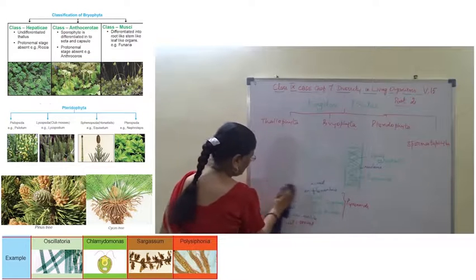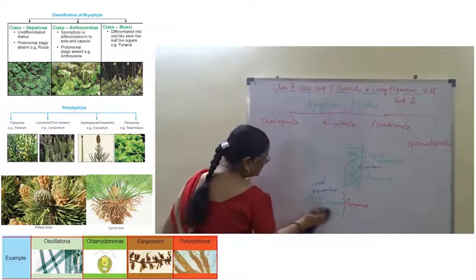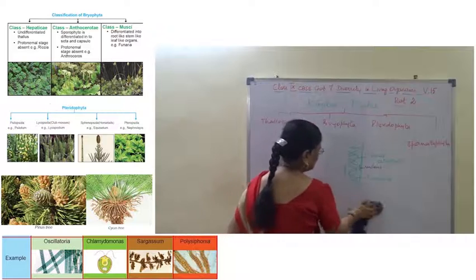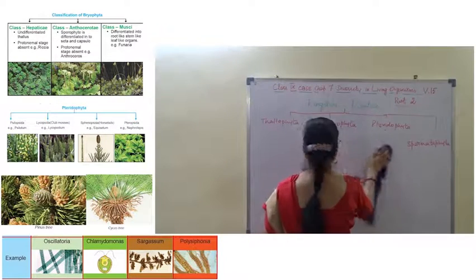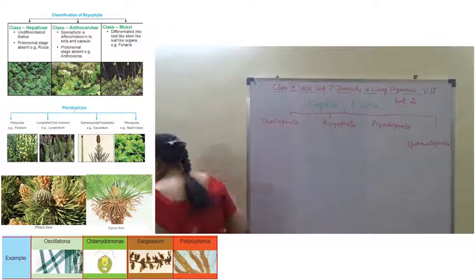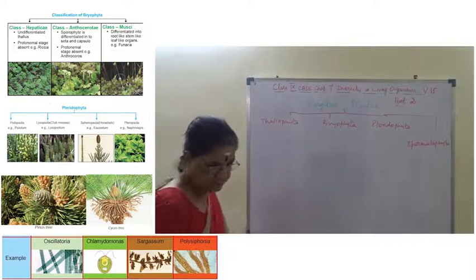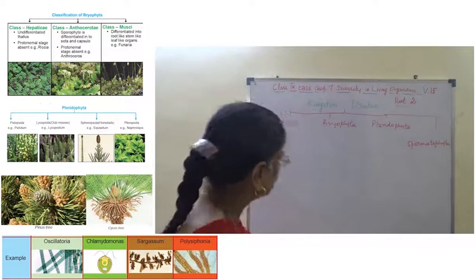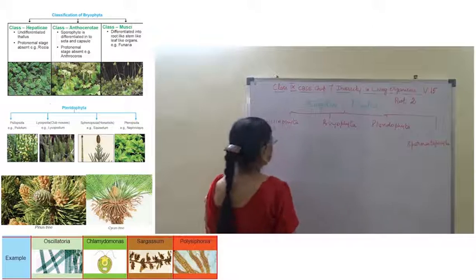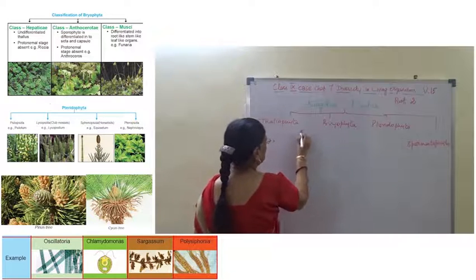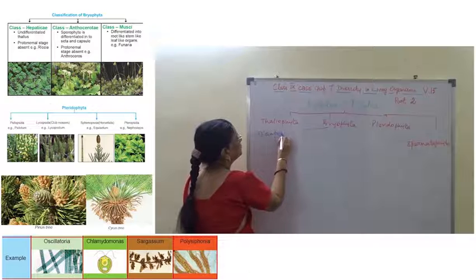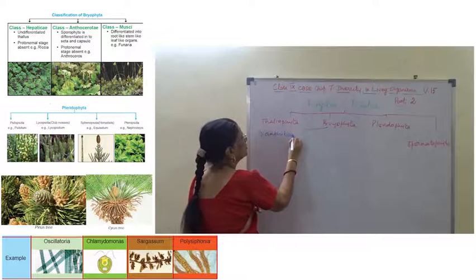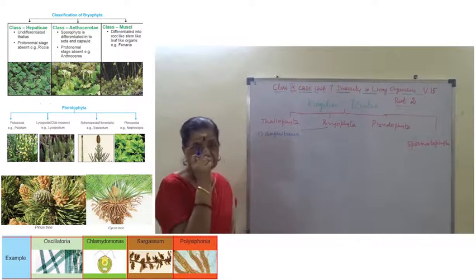So here, next one, division 2 as Bryophyta. It shows amphibious mode of life, right?